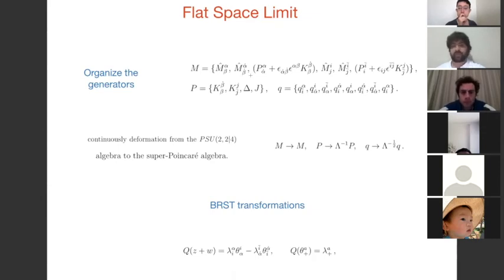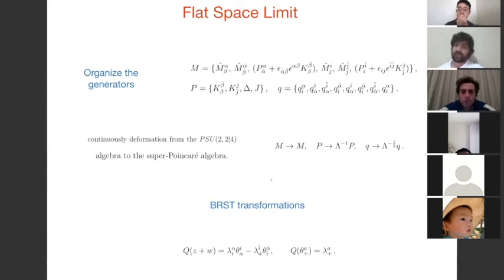The flat space limit that was done in the paper, you can understand to start with the algebra PSU(2,2|4), and then you basically deform this algebra continuously to the super Poincare algebra. And in this way, you can also think about this flat space limit, which maybe is clear at this point, in terms of BST transformations.